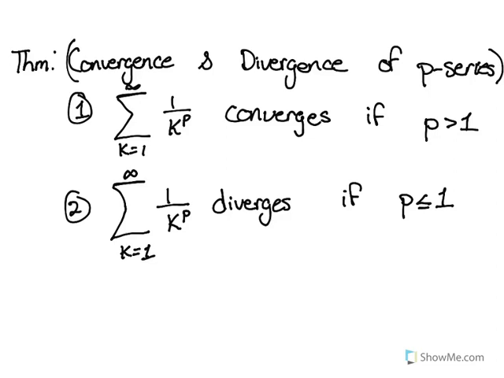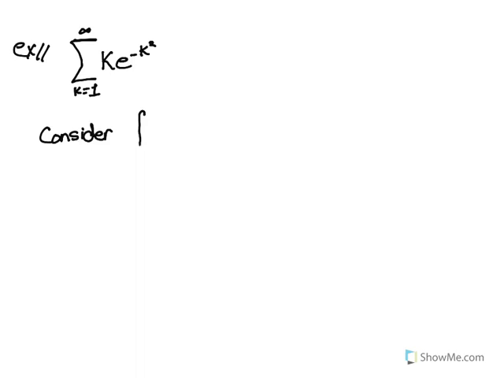Now let's get into some other more general examples. Let's consider the series k e to the minus k squared, k equals 1 to infinity. Again, we're going to consider the integral test here, so consider the improper integral.